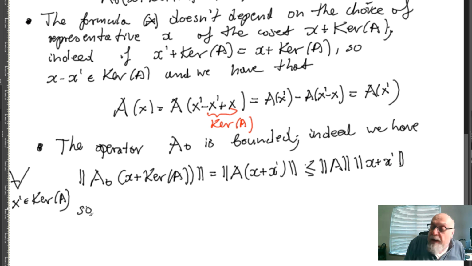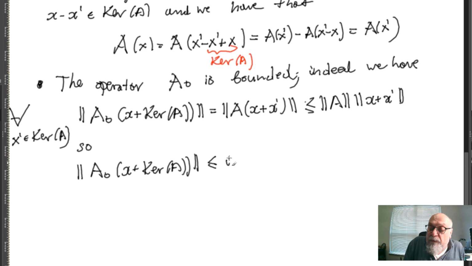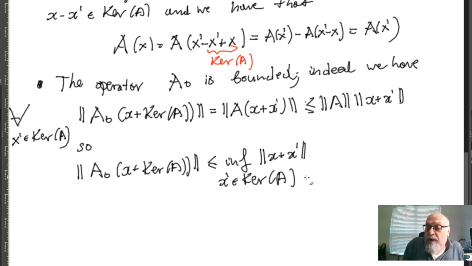So I can continue, I can rewrite it down, and I can write it down that the norm of A0 on x plus the kernel of A is smaller or equal, and I put here the infimum for x prime belonging to the kernel of A. This will be the norm of x plus x prime, times the norm of A, and that gives us exactly this distance.